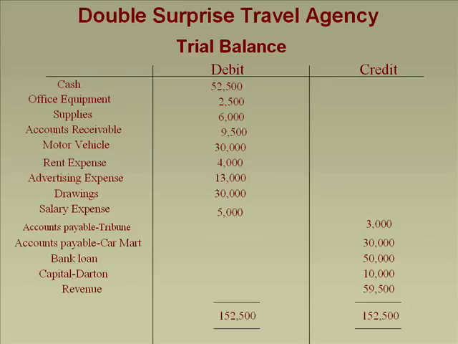So you did everything perfectly. Now from the trial balance, you do an income statement, statement of owner's equity, and balance sheet. And we already did that. But the most important is that the trial balance should balance. Once it balances, then you can proceed.